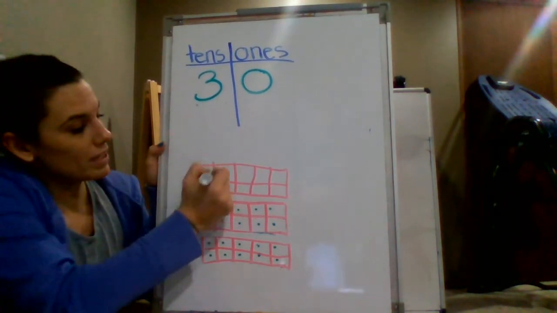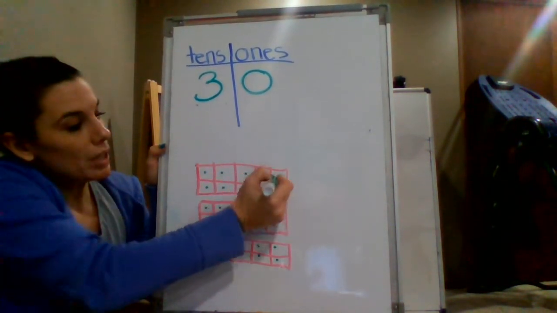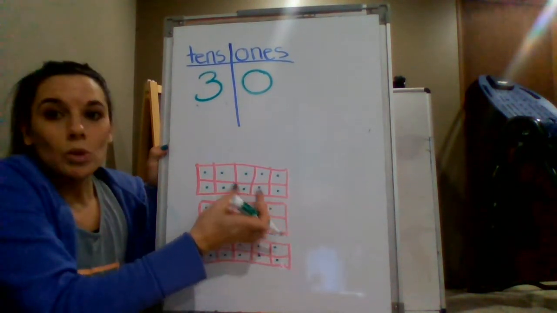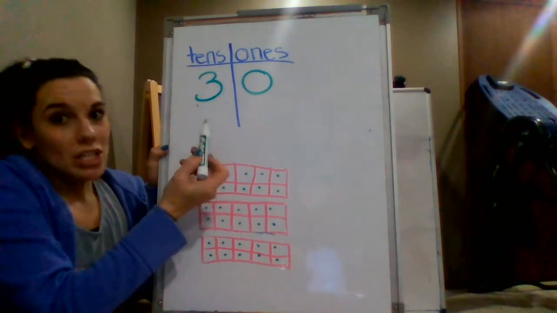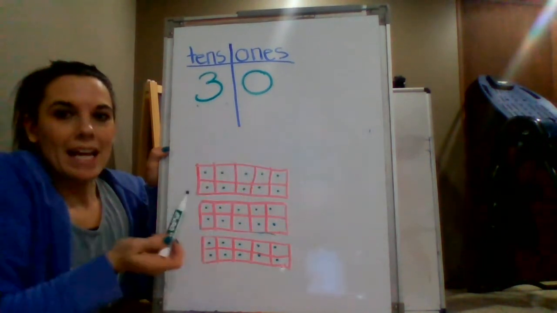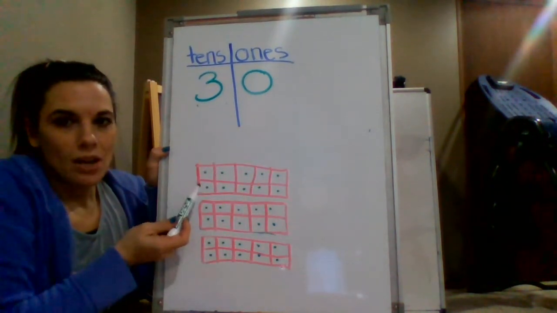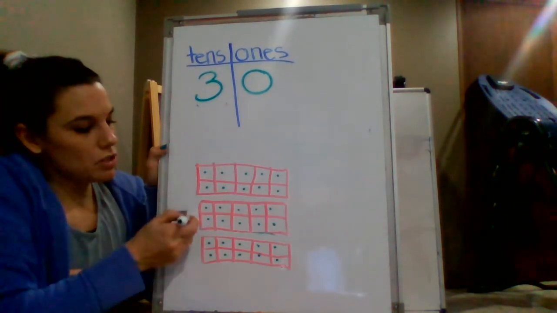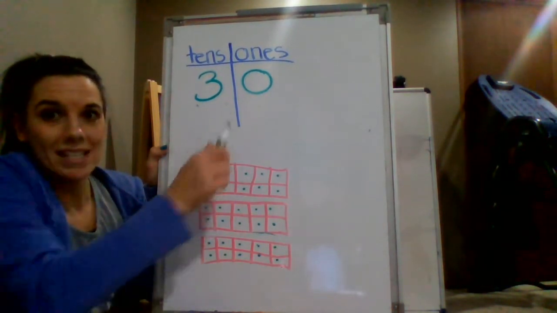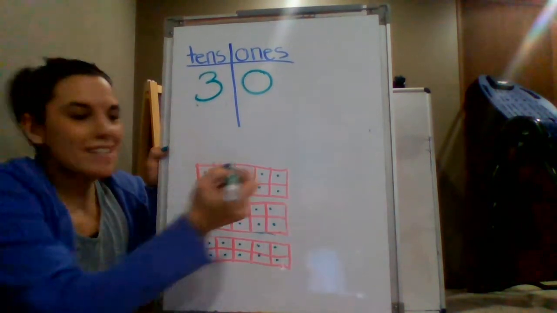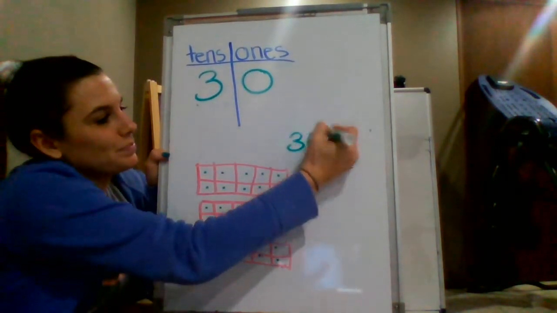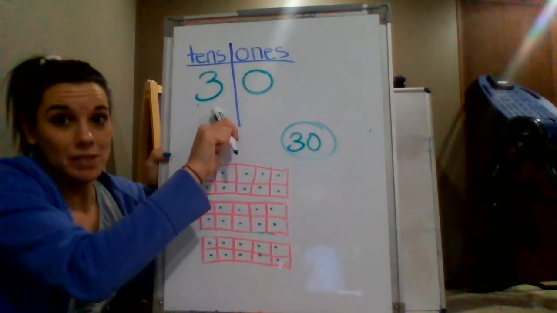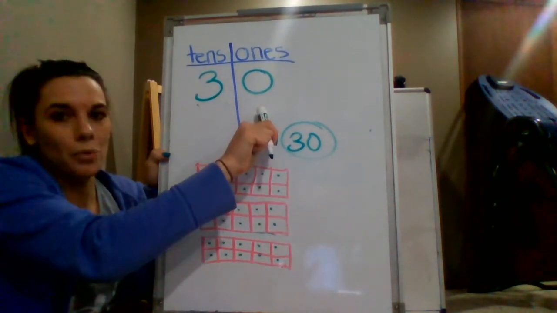Let me fill in this 10 frame right here, because remember, a 10 frame, when it's all filled in, equals 10. So, if I don't know this number just by looking at it, I can count by 10s with my 10 frames that are all filled in. So, count with me. 10, 20, 30. Is this the number 30? It is the number 30. The number 30 is made up of 3 groups of 10 and no ones.